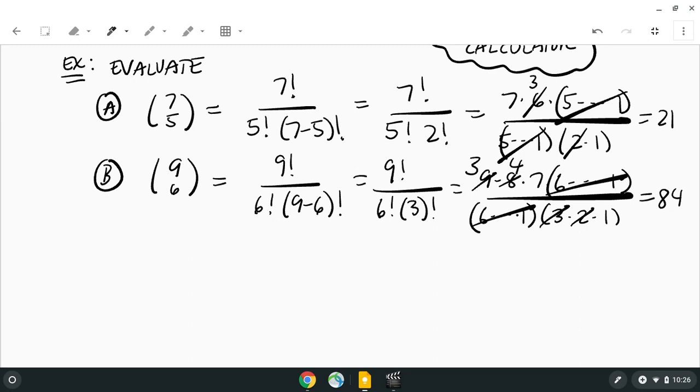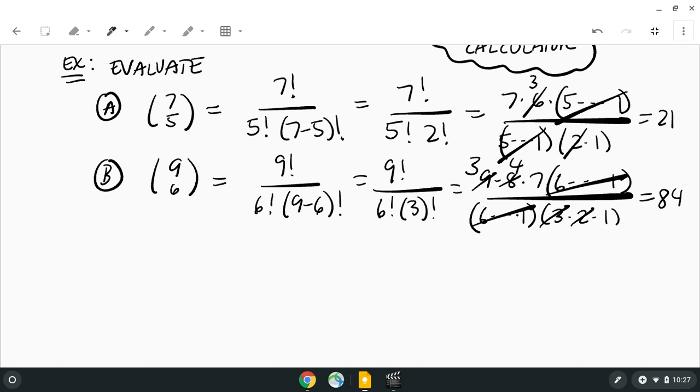And if you do have the nCr button, check that you are using it correctly, and check to see that you are getting 21 and 84 for these two problems.